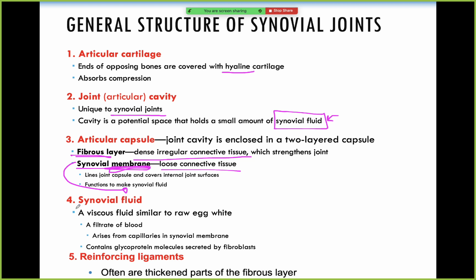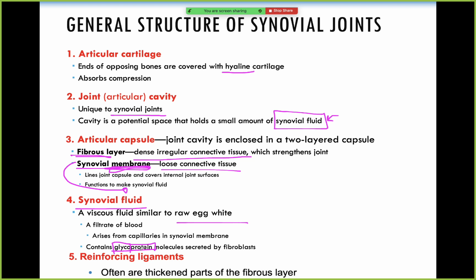But what is synovial fluid again? It is like egg whites. It comes from your blood. So the synovial membrane has blood vessels in it, and the fluid comes from your blood through the synovial membrane, and it secretes into that joint cavity. It has glycoproteins. Glyco means sugar, and protein, of course, is just proteins.